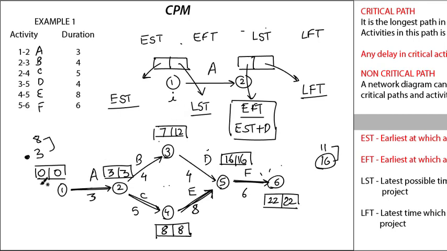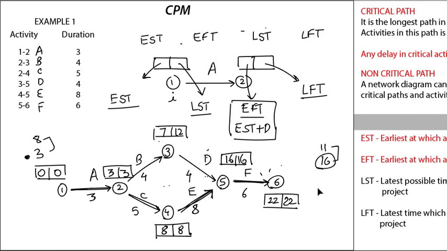Since both the numbers in these boxes are the same, those are the critical activities, which means A, C, E and F are critical activities, right? So critical activities have the same numbers in the boxes. I hope you understood till now.